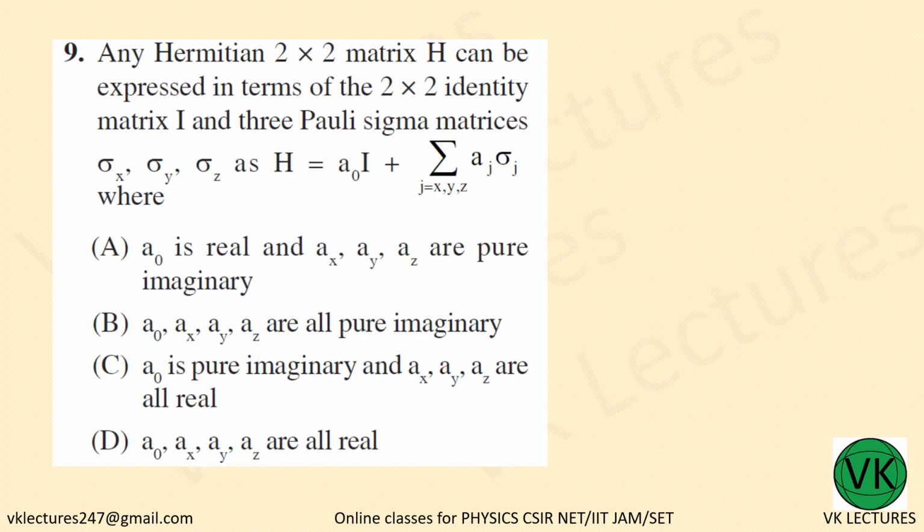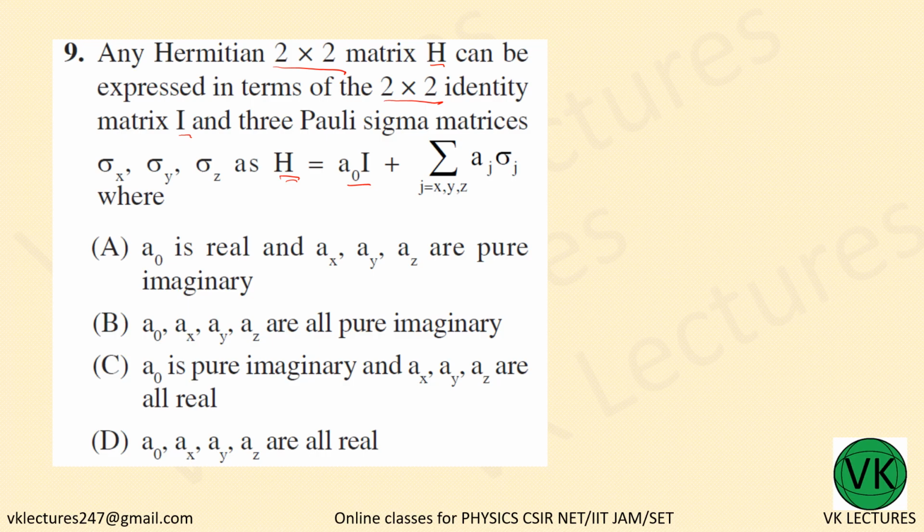Any Hermitian 2 by 2 matrix H can be expressed in terms of 2 by 2 identity matrix I and 3 Pauli sigma matrices sigma x, sigma y and sigma z as H is equal to A naught times I, where I is an identity matrix, plus sum over Aj into sigma j, where j equal to x, y and z.